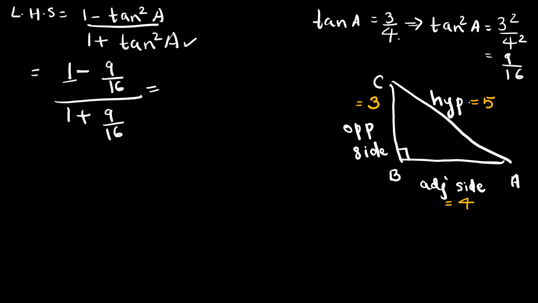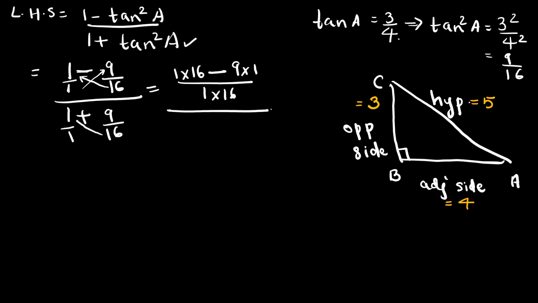How will we find it? This is 1 by 1, this is 1 by 1. First we find the LCM: 1 into 16 minus 9 into 1, and the denominator is 1 into 16, divided by, here again, 16 into 1 plus 1 into 9, and the denominator is 1 into 16.